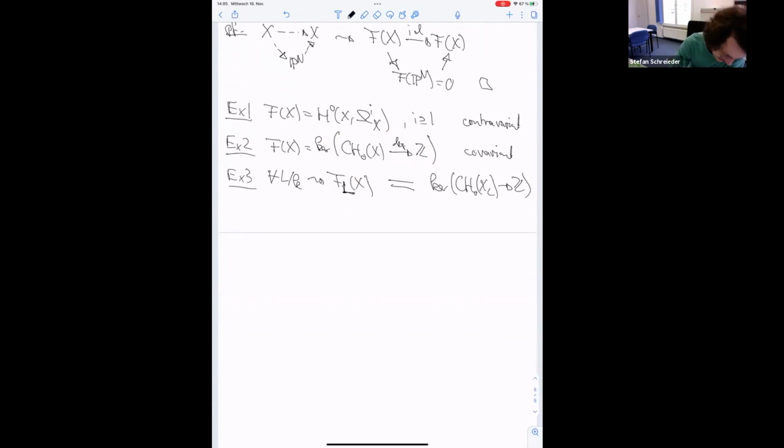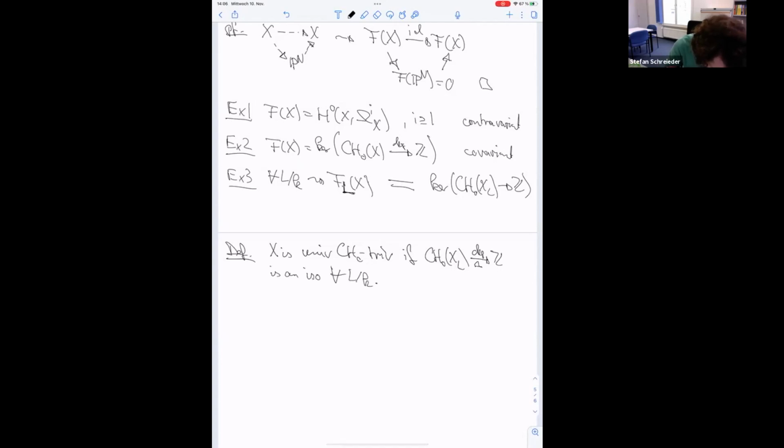Okay, and so this observation leads to definitions that you probably all have heard before. So the first one is that X is universally CH_0 trivial, essentially if this third example is always 0 on X. And it's slightly stronger, so if the degree map is an isomorphism for all field extensions.